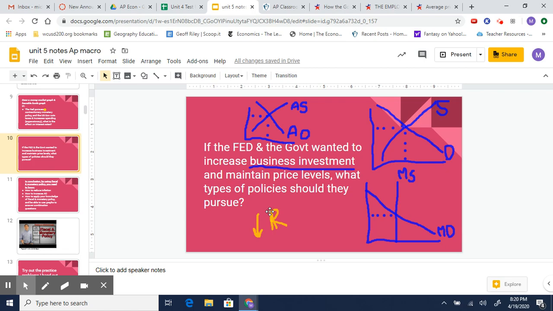You don't have that money sitting around. You're probably going to have to borrow that money. And so in order to do that, you want a low interest rate. So that's the goal here. The goal is low interest rates if you're the Fed and the US government.